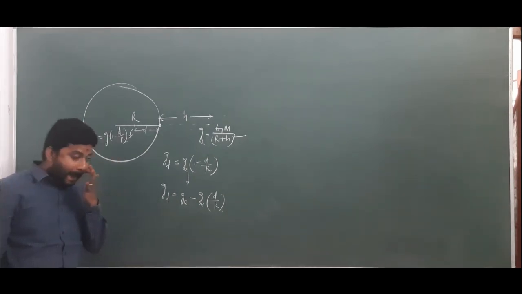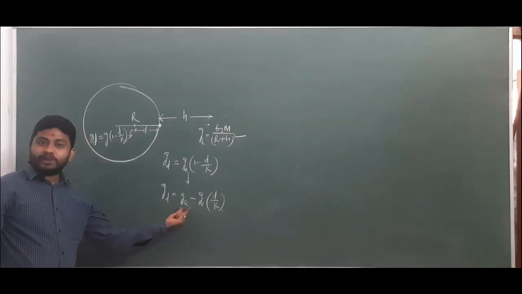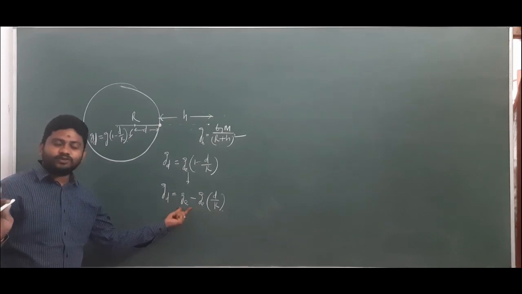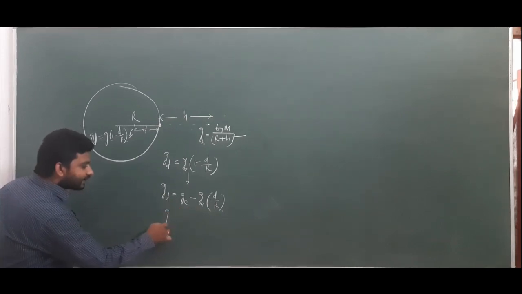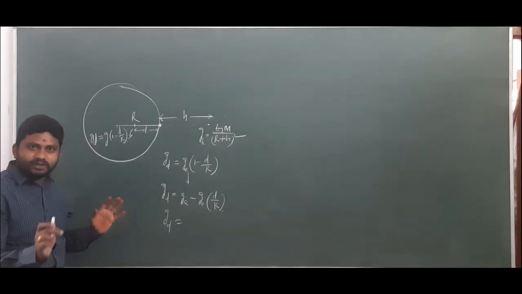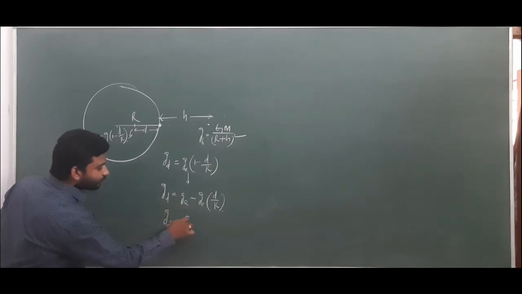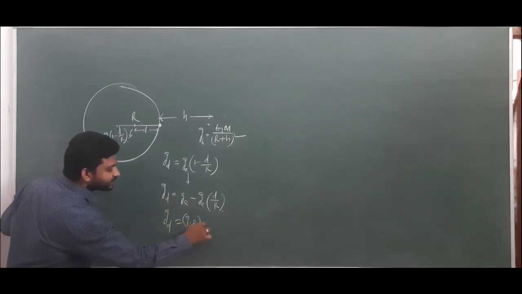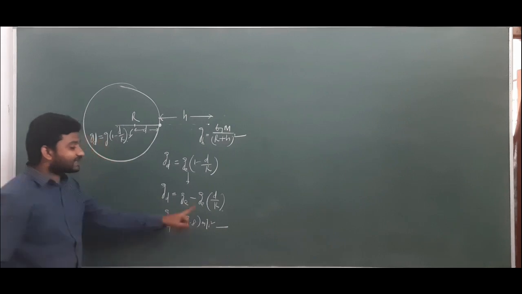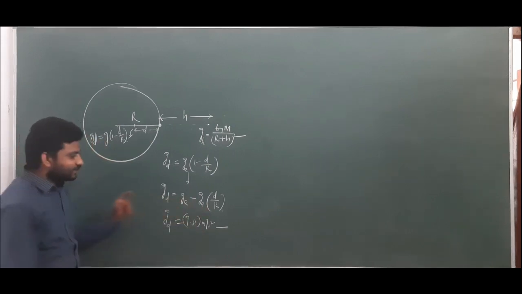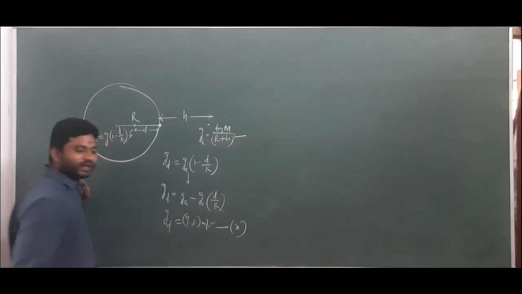What is G suffix E? It is 9.8 meter per second square. Yes or no? So acceleration due to gravity at some depth is equal to 9.8 meter per second square minus something, some value called x here.